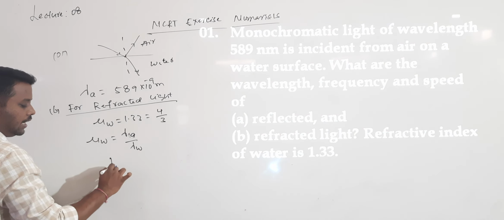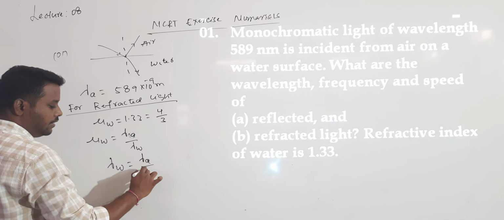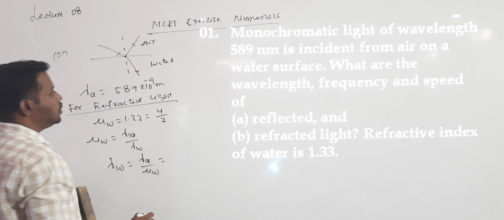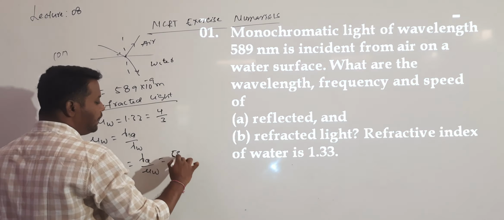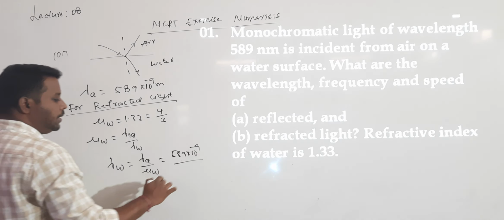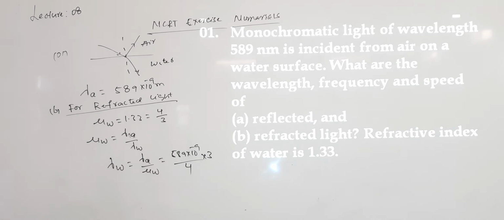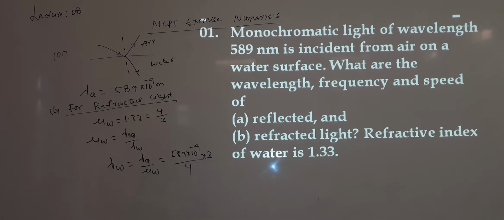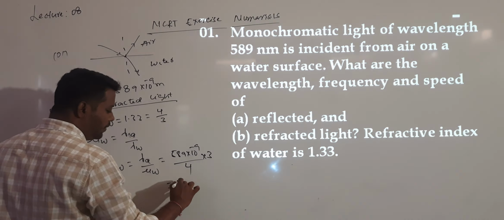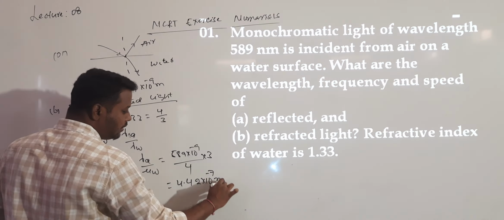If I want to calculate the wavelength in water, it is given by the wavelength in air divided by the refractive index. The wavelength in air is 589 into 10 power minus 9, divided by 4 by 3. The 4 will be here and 3 will come to the numerator. So directly you can write 589 into 3 by 4, which is 0.75 into 589, that is 4.42 into 10 power minus 7 meters.